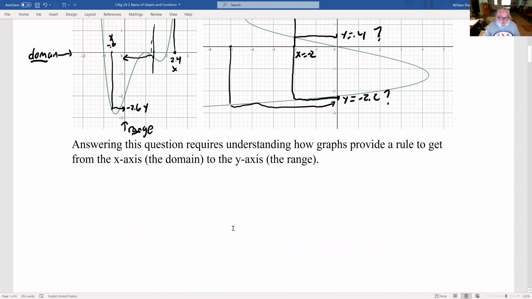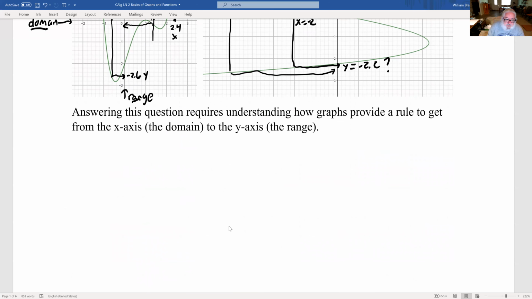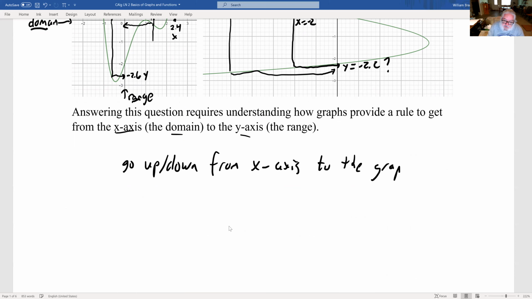Right? So what's the rule for getting from the x-axis, which is the domain, to the y-axis? The rule is: go up or down from the x-axis to the graph, so go vertically, then horizontally, left or right, to the y-axis.